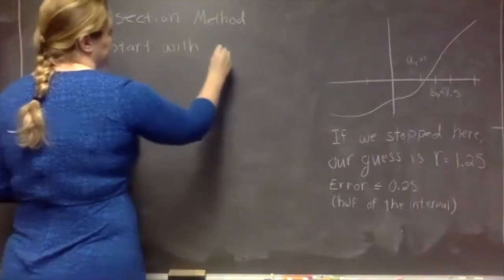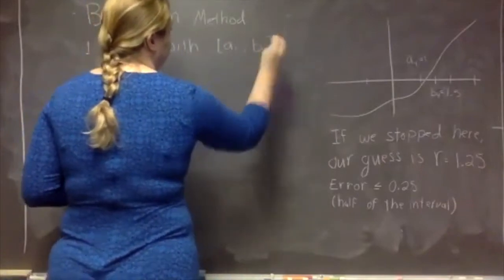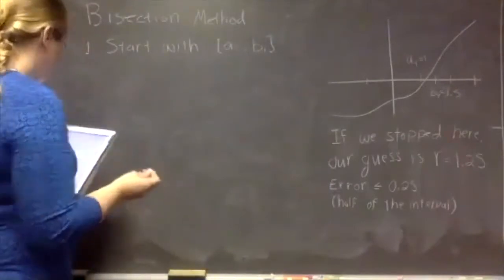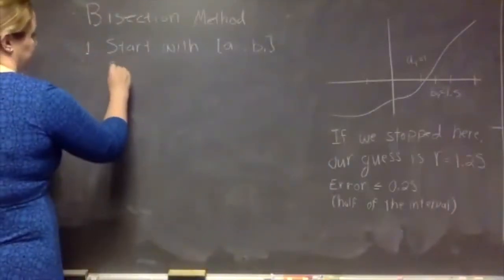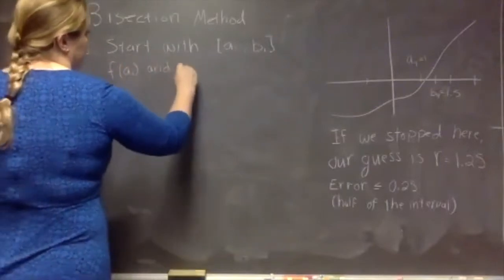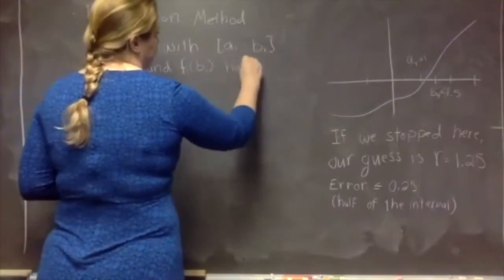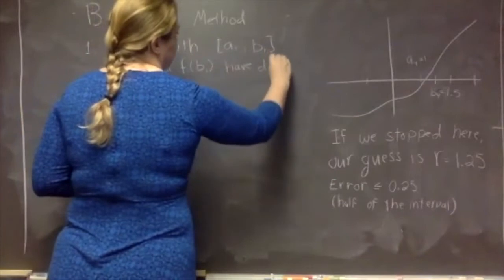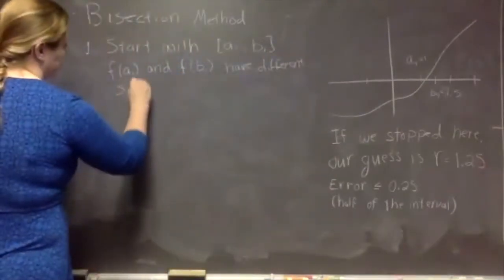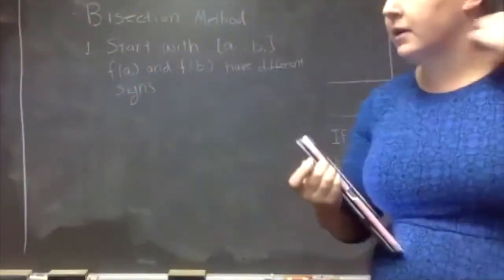So we start with an interval A1, B1, with f of A1 and f of B1 having different signs. Therefore, we know there's a root in that interval.